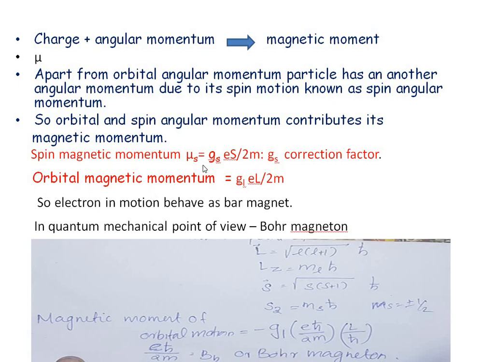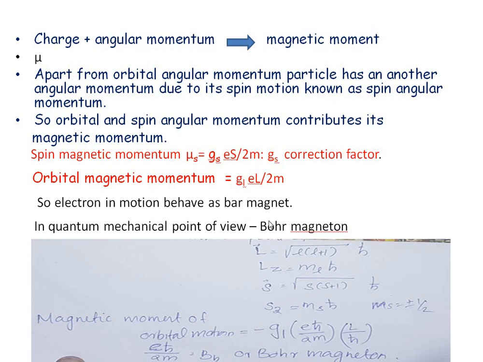The spin magnetic moment mu s is given by g s, a correction factor, into e s divided by 2m. We know that the expression for the magnetic moment is e into angular momentum divided by 2m. Here the angular momentum is the spin angular momentum. So the spin magnetic moment is g s e s divided by 2m, where g s is a correction factor. And the orbital magnetic moment is g l into e l divided by 2m.